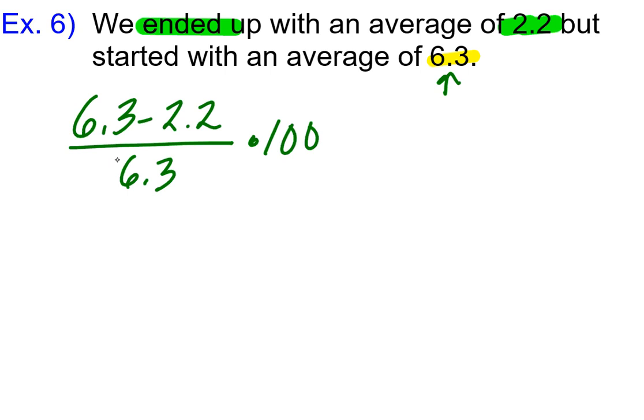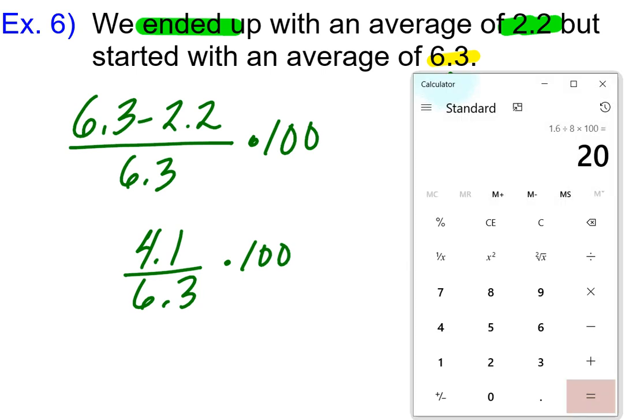If I subtract 2 and 2/10 from 6 and 3/10, I will get 4 and 1/10. I'm going to divide it by 6 and 3/10 and multiply that times 100. Once again, I'm going to use my calculator, and I have 4 and 1/10. I'm going to divide it by 6 and 3/10, and then I'm going to multiply that times 100.